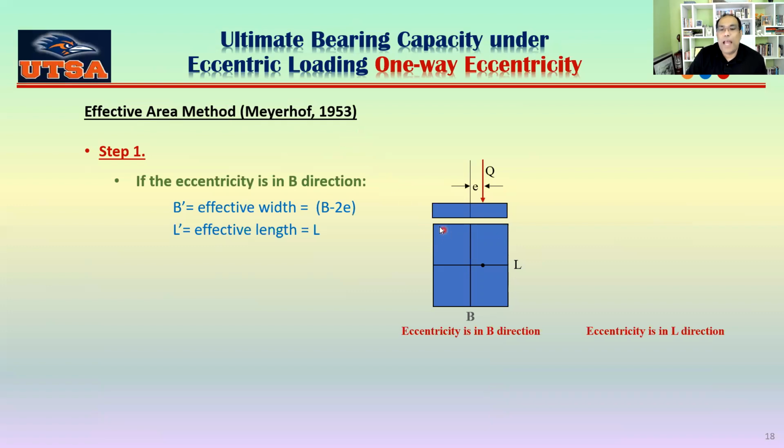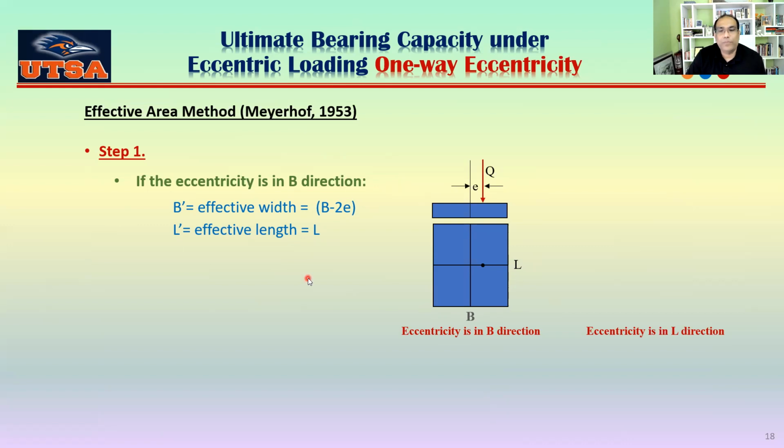If you have a footing like this, and your load is here, making an eccentricity here, you can understand that since the load is working this way, this side will have higher pressure and this side will have lower pressure. Since the eccentricity is in the B direction, our effective B would be equal to B minus 2e, and effective L would be just L.